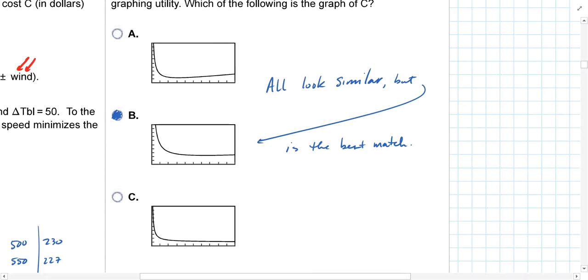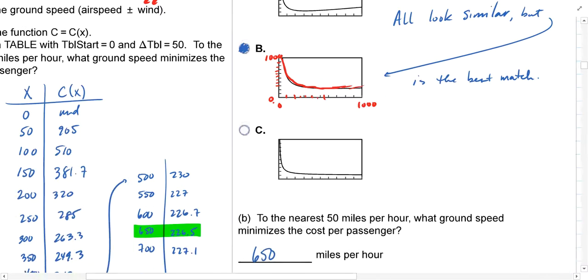When you graph that function, any one of these 3 graphs might look like the correct one, but as long as you have the appropriate x and y axis, from 0 to 1,000 on the x-axis and 0 to 1,000 on the y-axis, even if your scales differ slightly because of the shape of the window, the overall shape of the graph should be this one here, where we reach a bottom and then we slowly increase. We don't reach a low point and rapidly increase, and we don't have this graph where it tends to decrease all the way across. Part B is the best match in this case.